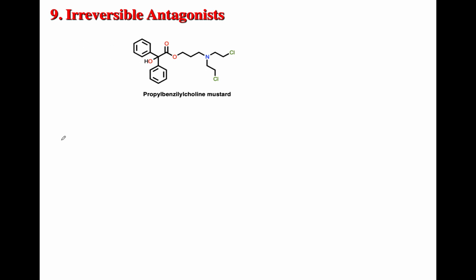This is an example of propylbenzylcholine mustard, and this moiety here you've seen before as we've looked at the type of interactions that can take place here.